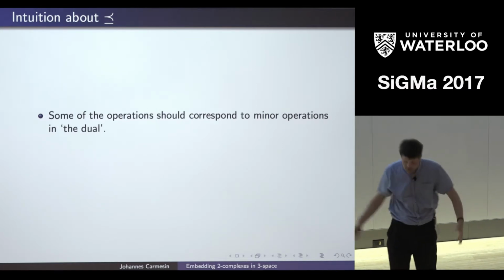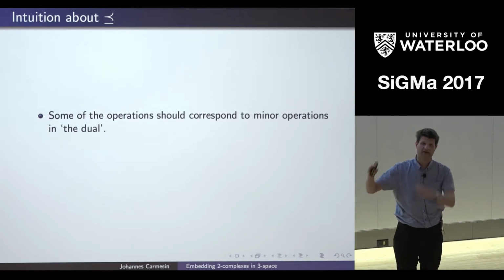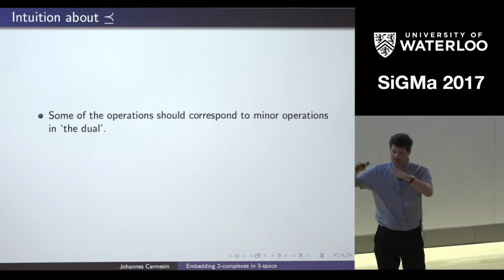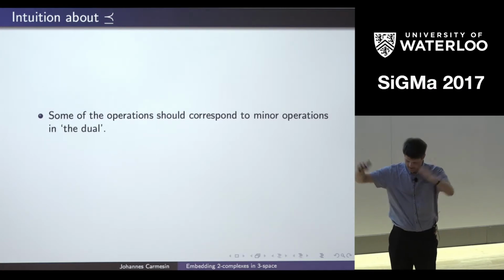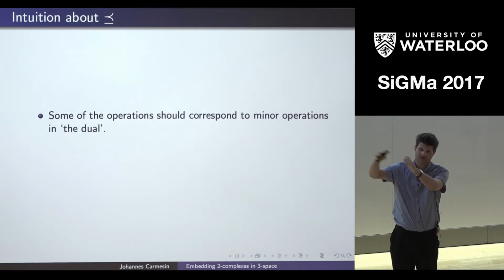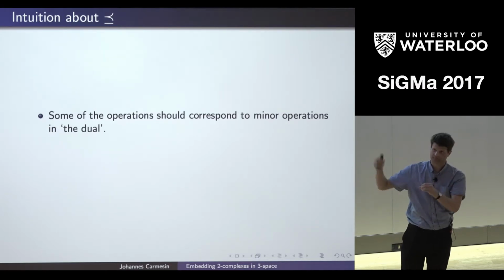Suppose your 2-complex is embedded in 3-dimensional space. Then you can define the dual graph of the embedding. You take S3 with the 2-complex embedded, and for each component of S3 with the 2-complex removed, you draw a vertex.